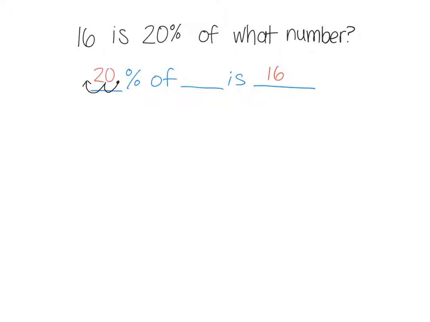The next step is that we make 20% a decimal, so it becomes 20 hundredths. Then of means times. So 20 hundredths times blank is 16. Now how would we set up our problem to figure out what this equals?